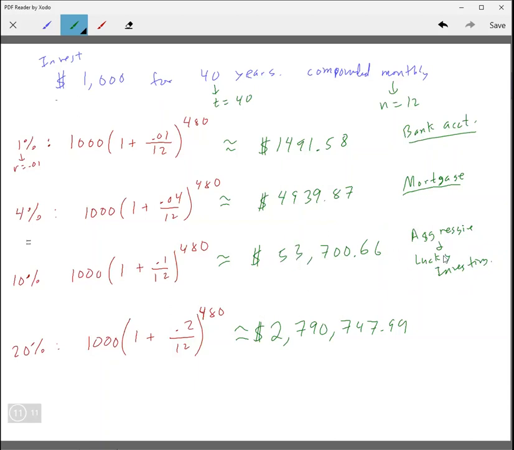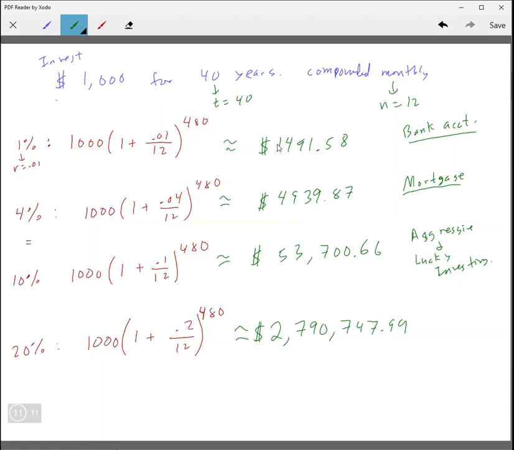Because then if you invest it, you can get quite a bit of money back. If you're going to need the money though, then you want to leave it in the bank, or maybe a conservative investment that's not going to earn as much interest.